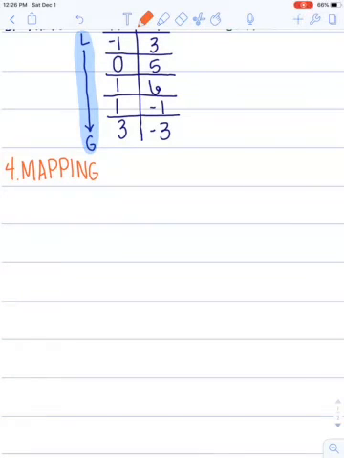The first thing we're going to do is list our x values. Similar to a table, our x values must be listed least to greatest. But there's one other thing we need to remember. When you are mapping, you do not, underline not, repeat numbers.